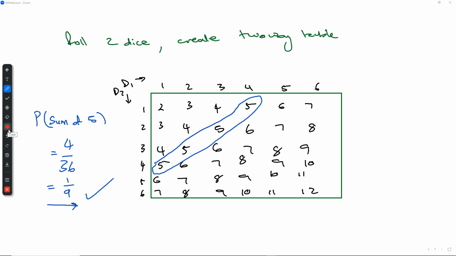Another question, random question. Let's say you want to find the probability that you get a sum that is prime. Well, you have to know your prime numbers. What are your prime numbers? Prime numbers are 2, 3, 5, 7, 9, nope, 10, nope, 11. All right.